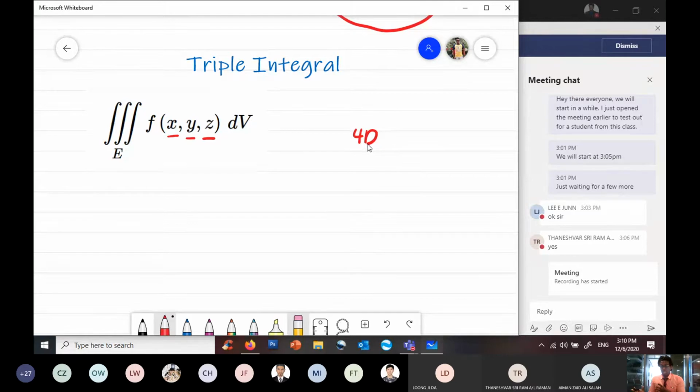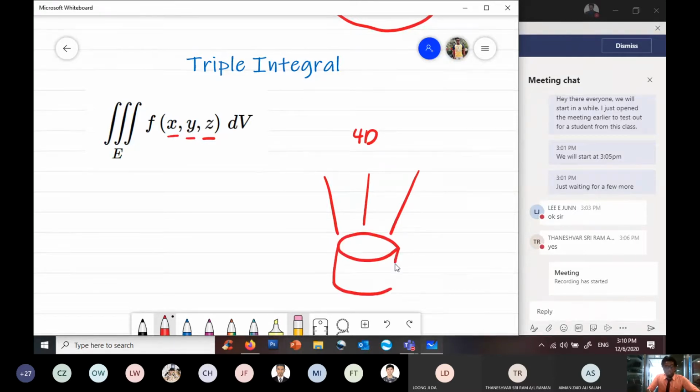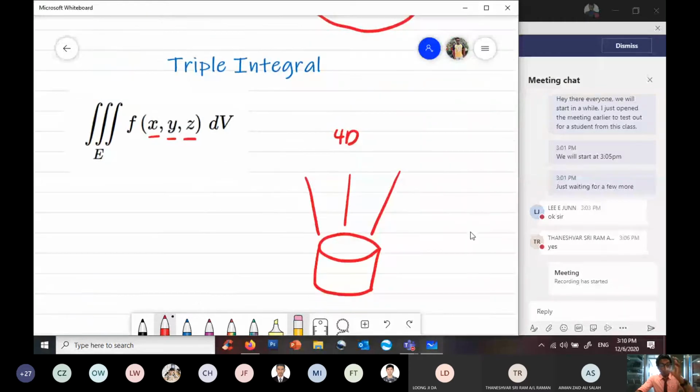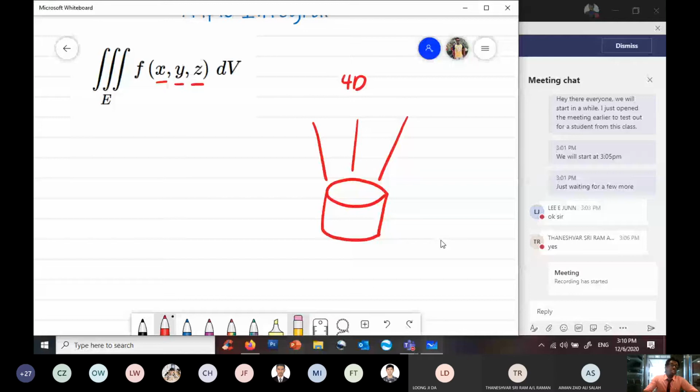But imagine a four-dimensional object: just like just now, you had a 3D object with a two-dimensional region underneath it, if you have a four-dimensional object, underneath this there's a three-dimensional region. But it's very hard to justify by using a diagram.